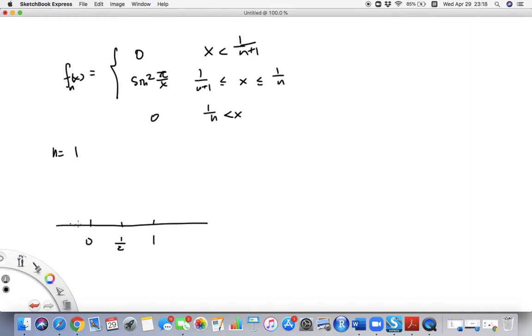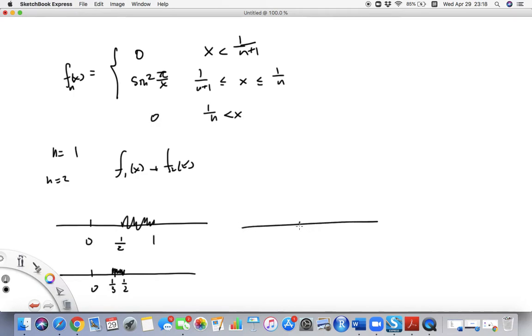So less than 1/2 it's 0, and greater than 1 it's 0, and you have something here. When n is equal to 2, it's 0, 1/3, 1/2. Greater than 1/2 is 0, and less than 1/3 is 0, and you have something here. Now when you add f_1(x) plus f_2(x), what do we have?